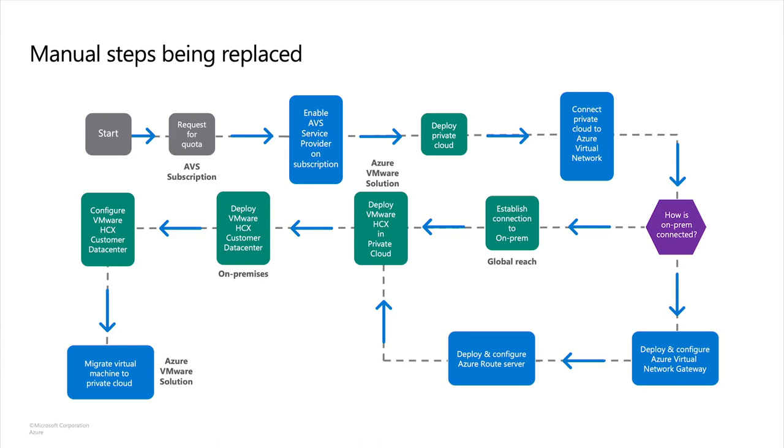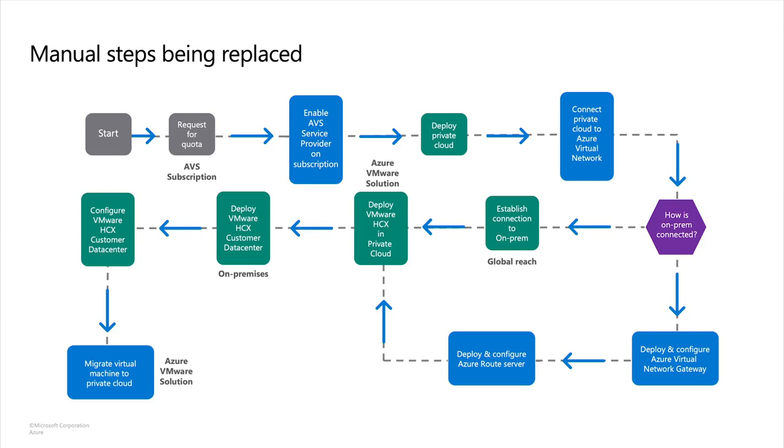So instead of you having to interact with all these steps, you provide some information, hit go, and all these things will be done for you. At the start, in the upper left, it's deploy the cloud, and in the bottom left is actually migrating workloads.